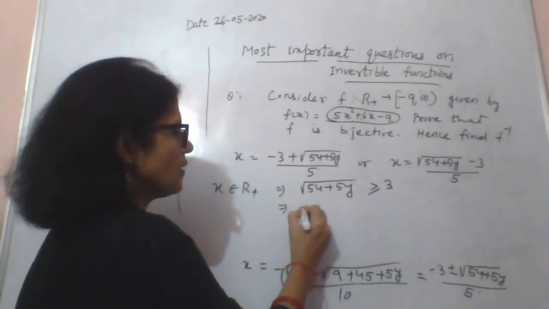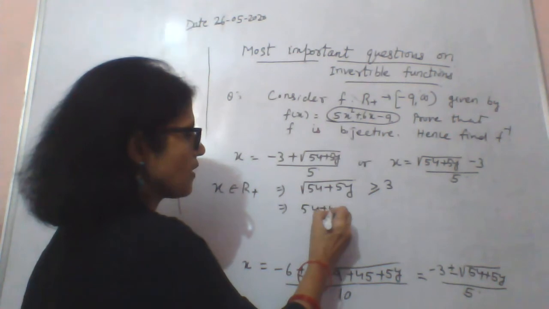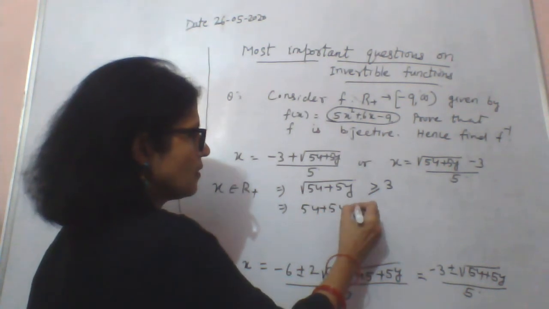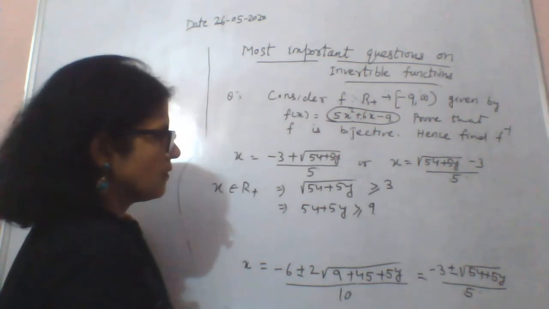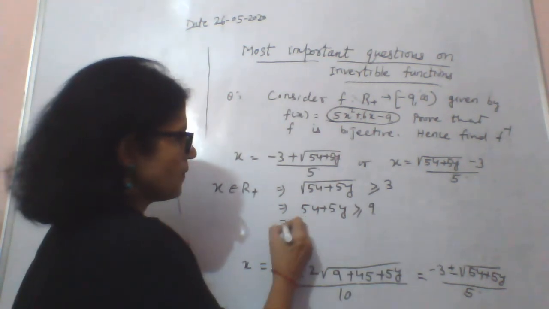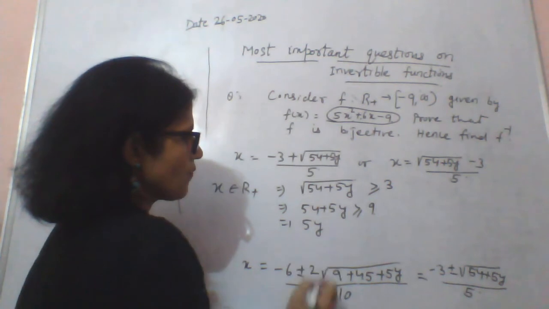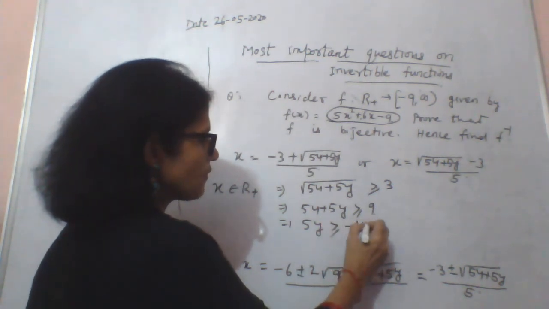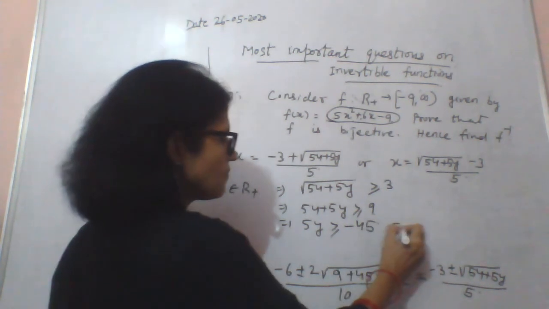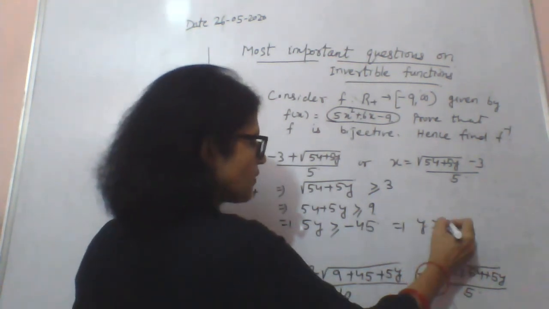So here you see 54 plus 5y is greater than or equal to 9. It means 5y is greater than or equal to minus 45. This implies y is greater than or equal to minus 9.